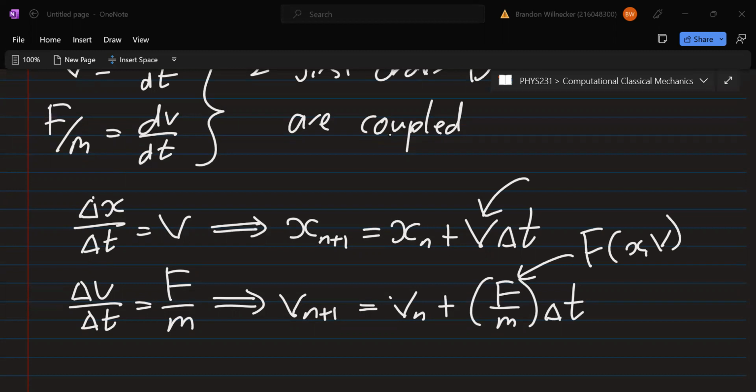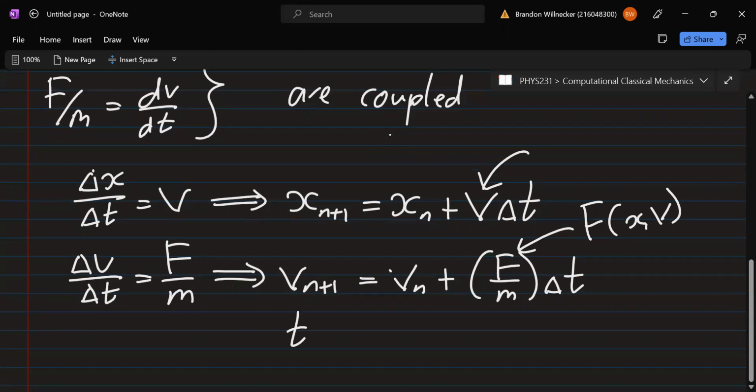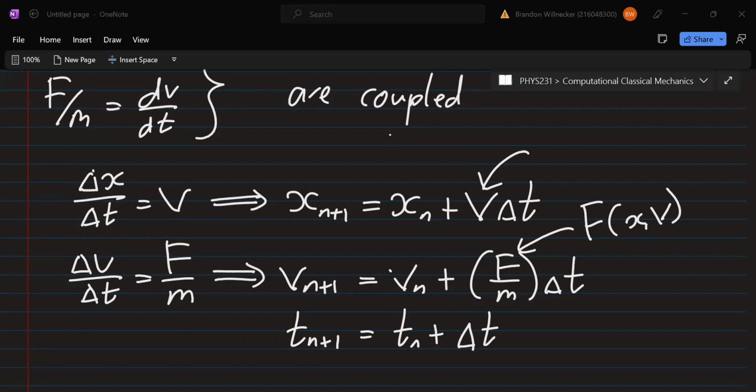And then, of course, we have T_{n+1} is equal to T_n plus delta t. So we can update the position, the velocity, and the time. Then we just repeat this procedure, and that will generate our solution.